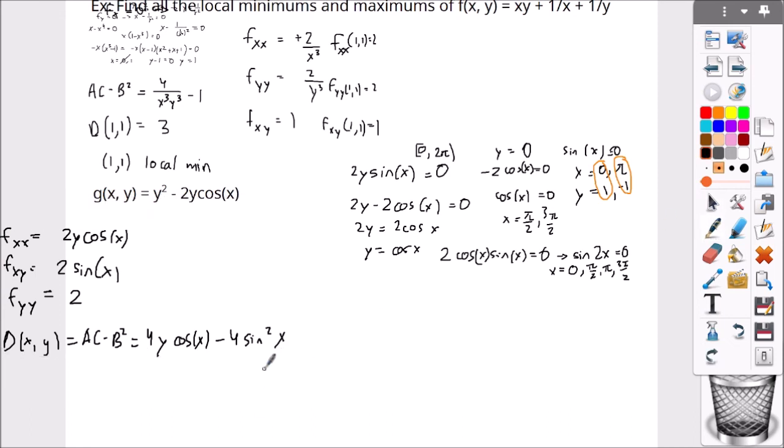That's very good. So our points are 0, 1; pi, negative 1; pi over 2, 0; and 3 pi over 2, 0.